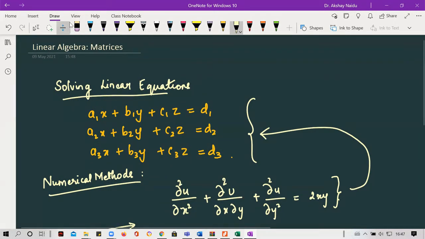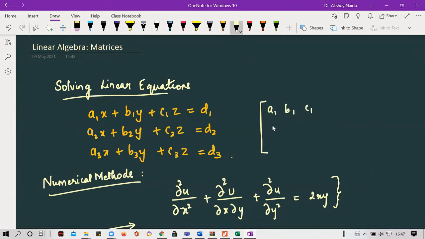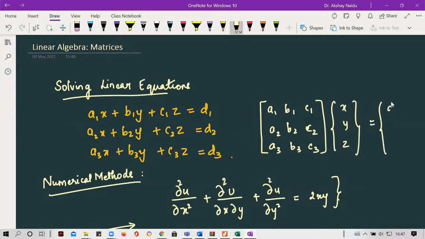I'm sorry. In this linear equation, you see here, this linear equation can be written in matrix form like this, and then you can solve for x, y, z by various methods that we'll discuss soon.